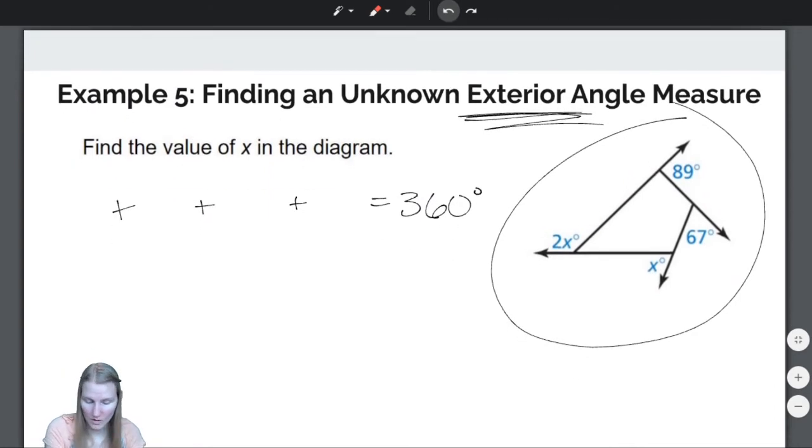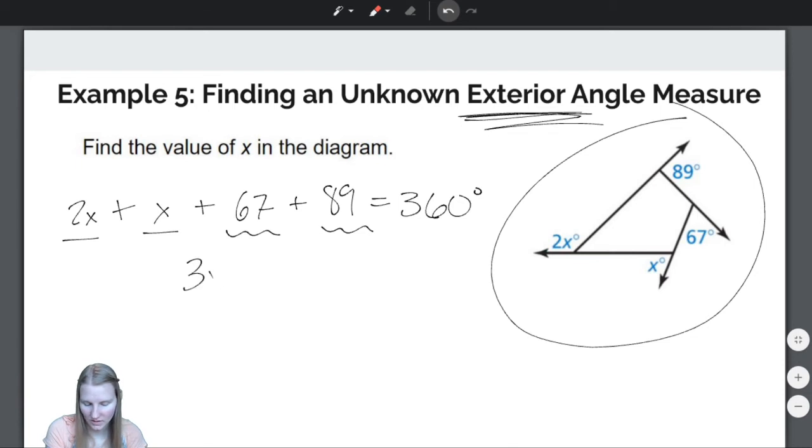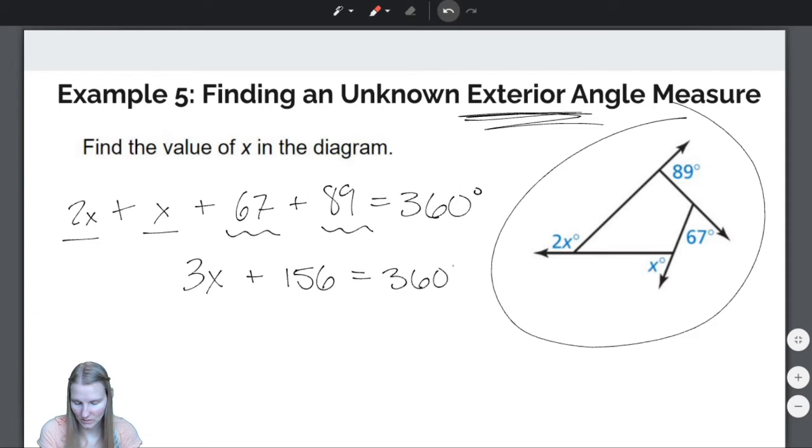So, we know that 2x plus x plus 67 plus 89 should be equal to 360. Let's combine our like terms. 2x plus x is 3x, and 67 plus 89 is 156, and that is equal to 360.